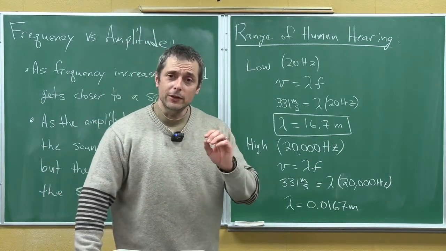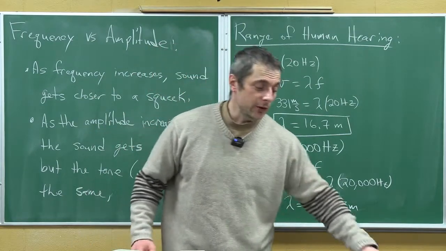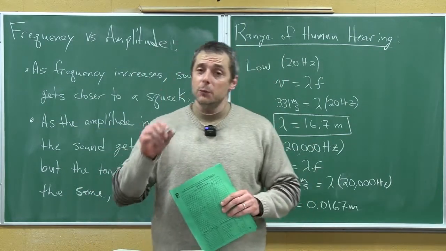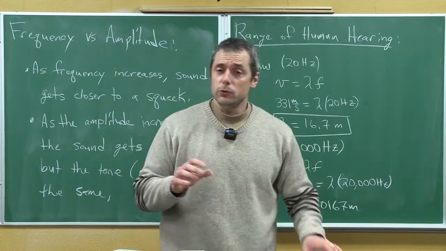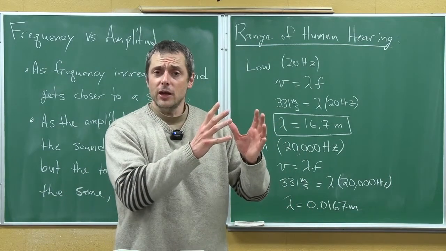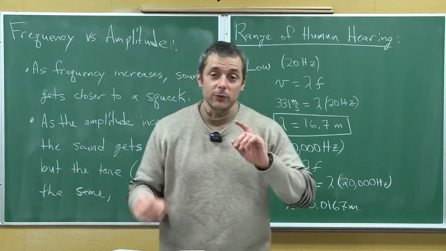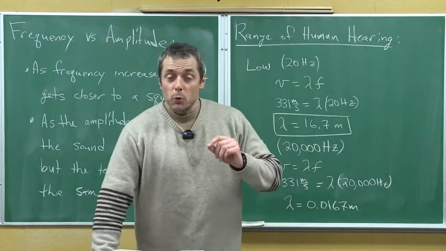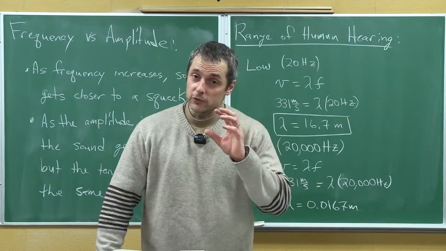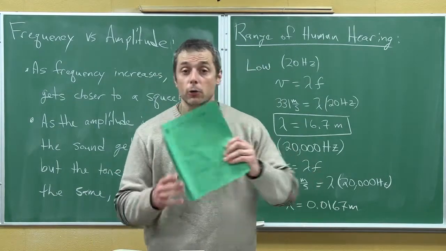Then we learned that we can calculate from the speed of sound, 331, right on the reference table. We could use d equals vt to calculate either the distance sound travels in a certain time or the time it takes to go a certain distance. And from v equals lambda times frequency, we can calculate, once we know the speed, which we could look up, or sometimes it's given.